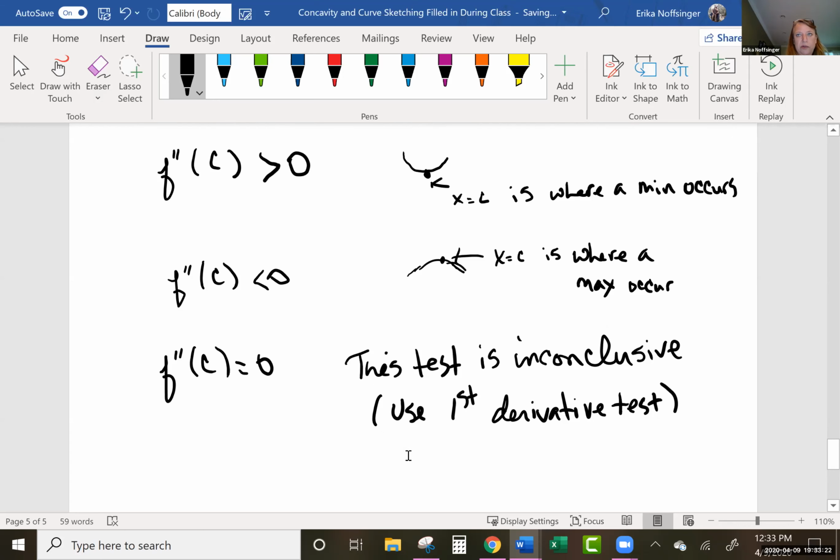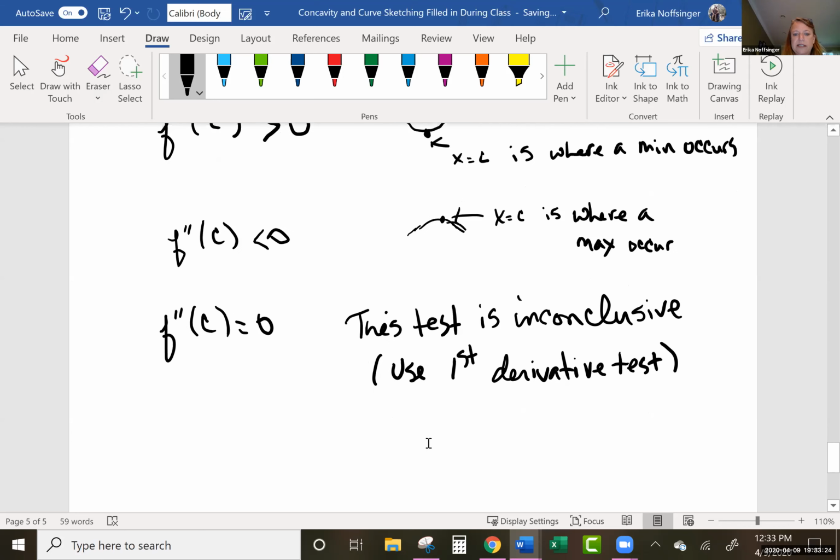Okay, so let's look at an example of that. Identify coordinates of any local and absolute extreme points and inflection points.